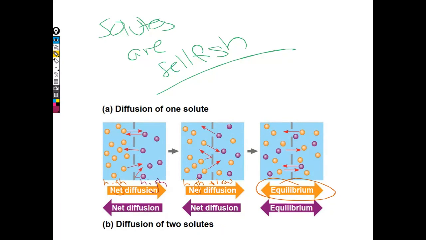And say, okay, well, my purple stuff is high on the right side, right? So that stuff's going to move high to low, so it can get elbow room. And it's going to do that until it reaches equilibrium, an equilibrium that is entirely independent of whatever the orange guys are doing.